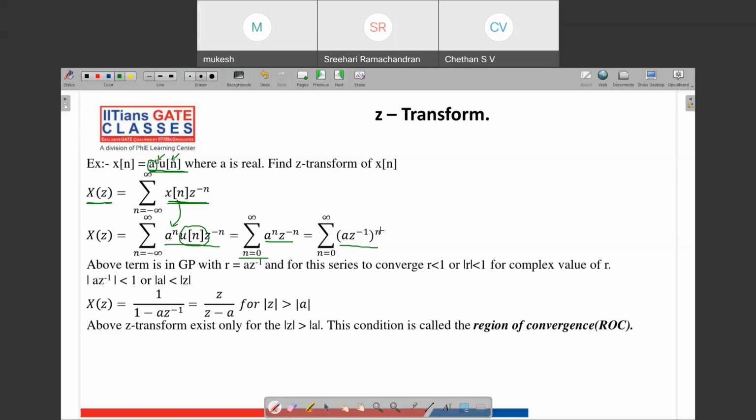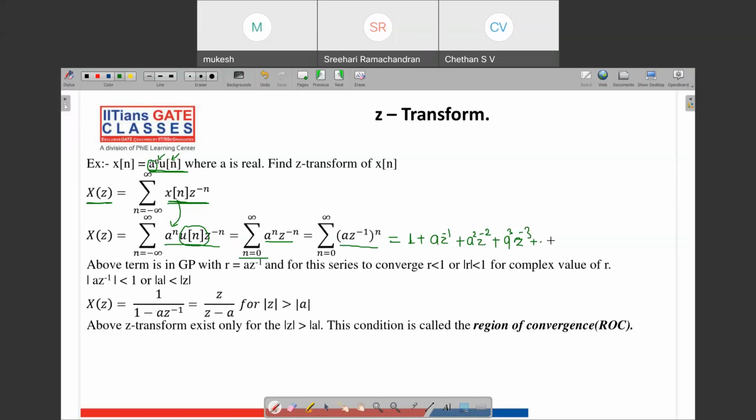If you expand this for n equal to 0, you get a z inverse to the power 0, which is equal to 1. For n equal to 1, you get a z inverse. For n equal to 2, you get a square z to the power minus 2. And for n equal to 3, a cube z to the power minus 3.